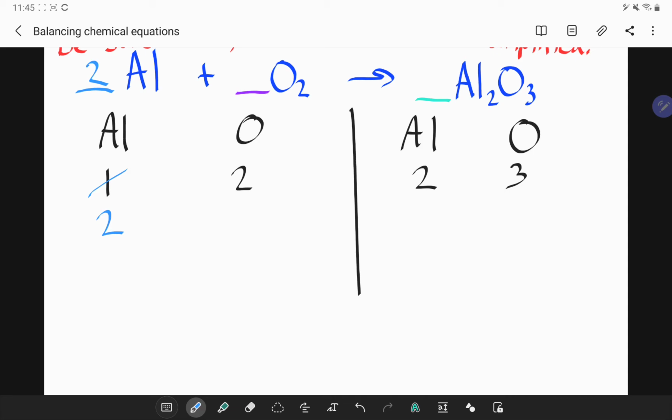All right, I'm stuck. 2 does not go into 3, so let's just double everything. So change this to a 4. Put a 2 here and a 2 here. Recalculate everything. 4, 4, 4, 6. And then let's now try to resolve.